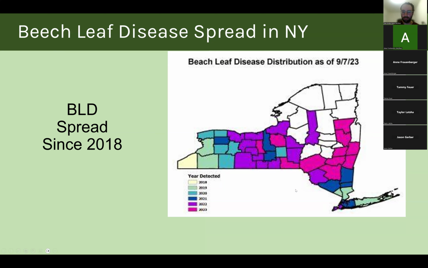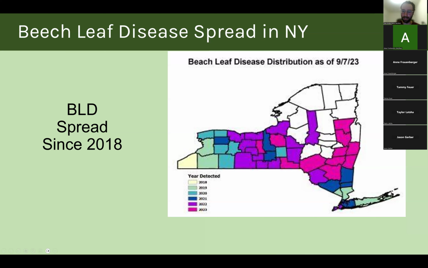It's been a really pretty rapid onslaught. And there's been a couple of large jumps where it was detected as well. So especially if you're visiting somewhere that doesn't have a recorded observation of beech leaf disease, keep your eye out.